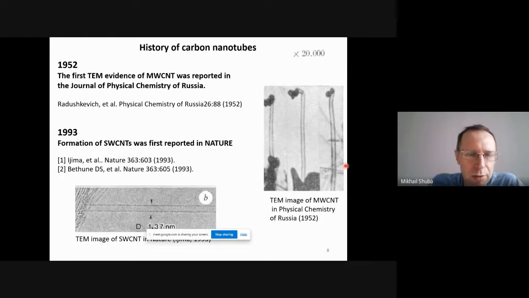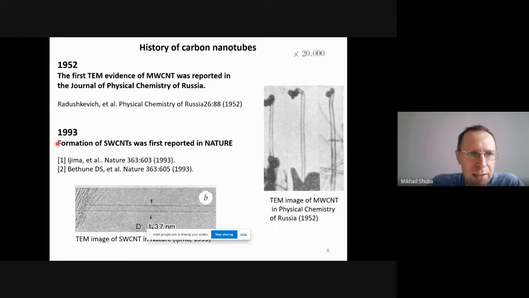The first transmission electron microscopy evidence of multi-wall carbon nanotubes was reported in the Journal of Physical Chemistry of Russia in 1952. Here are images of these tubes obtained at that time. This paper was in Russian, therefore it was not noticed in the world.